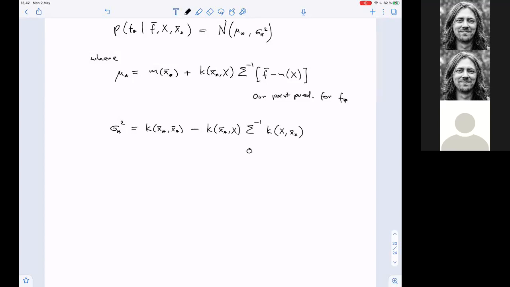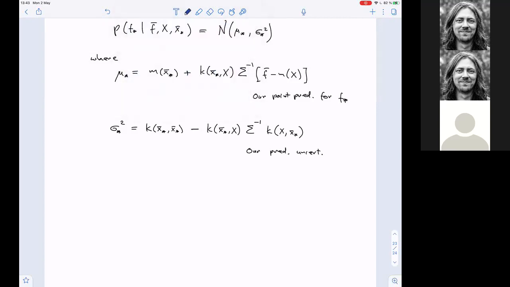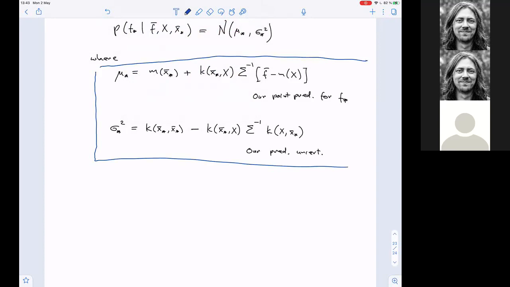This is our prediction uncertainty, or variance. I will, for once, use a color and underscore a frame around this, because these, or slight variations of these, are the key equations.